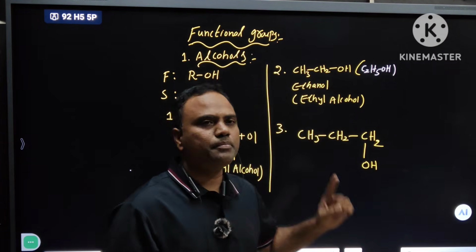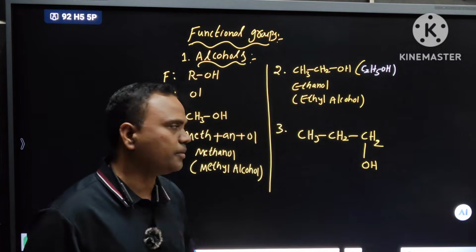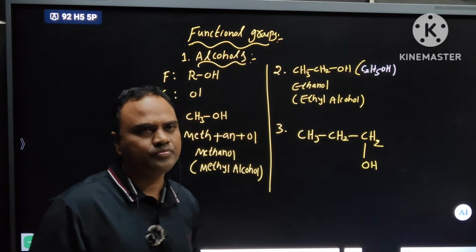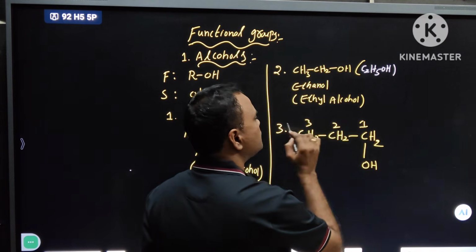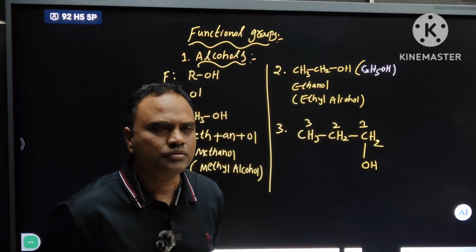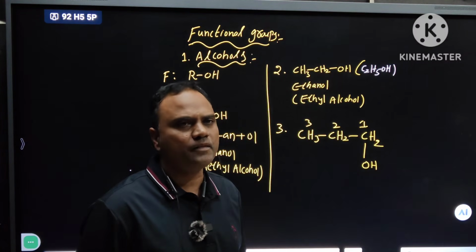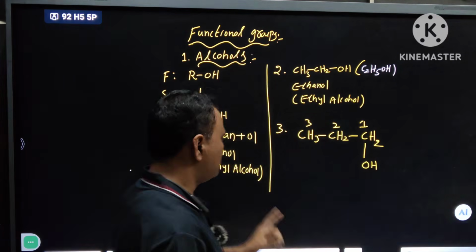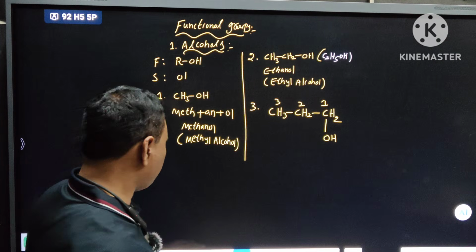Give the priority to the carbon atom which is attached to the OH group. Clear? Right. Start the numbering 1, 2, 3. OH group is present at which position? First position. Why do we have to mention the position here? I'll tell you. After taking this example, you will get clarity on it.